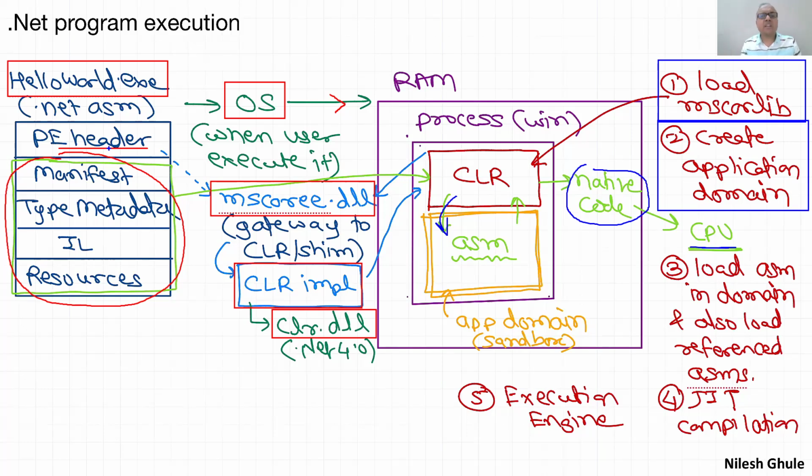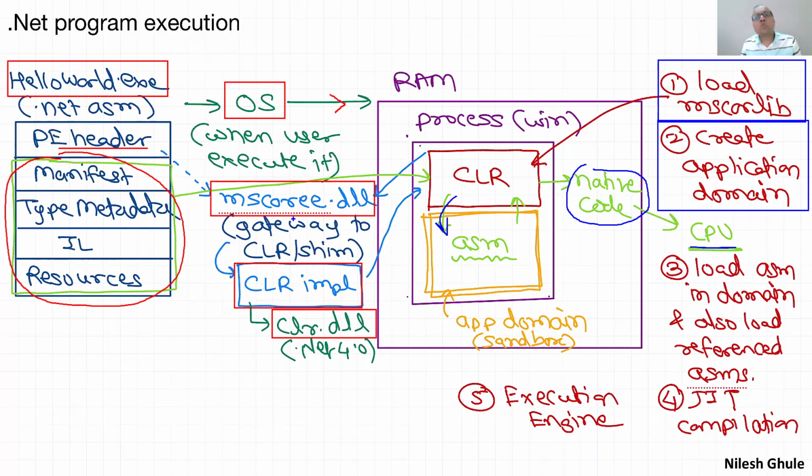This address of the entry point is not the CLR itself, but it is mscoree.dll, the Microsoft Component Object Runtime Execution Engine DLL. This is the gateway, a door to the CLR.